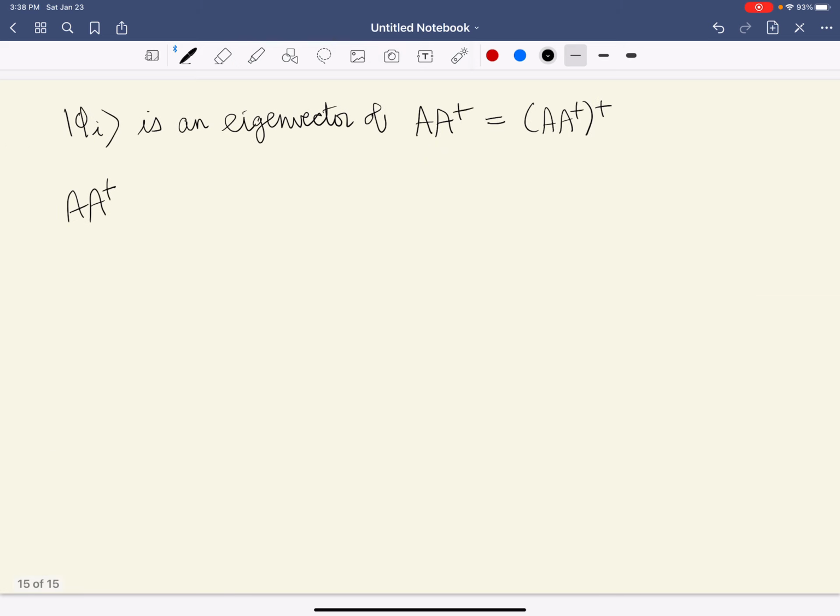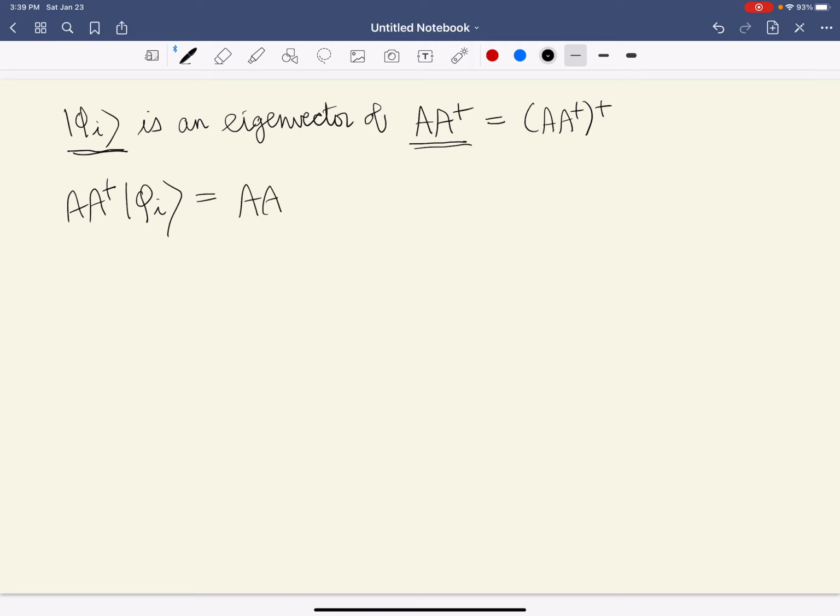And now we're going to think about the other possibility of constructing a Hermitian matrix, A A dagger, and think about its eigenvectors. And the claim is that this new object that we defined and called phi i is precisely that eigenvector.